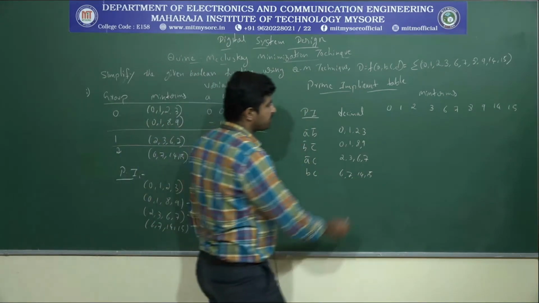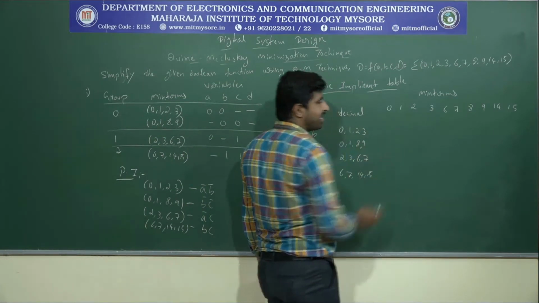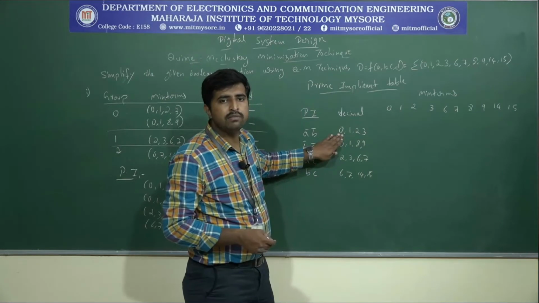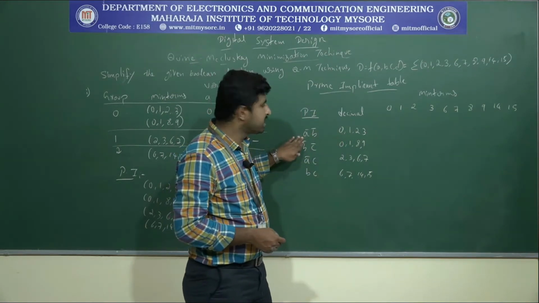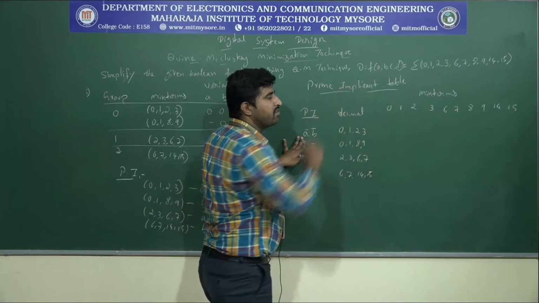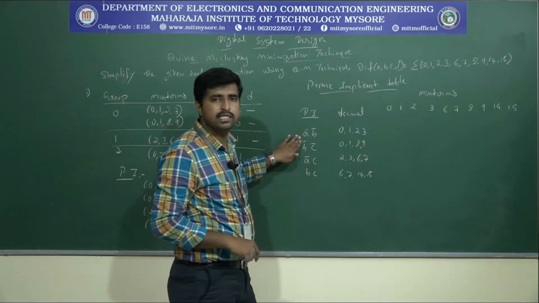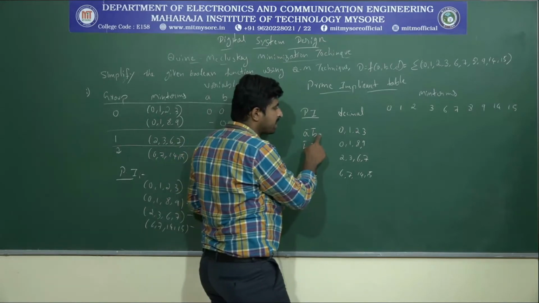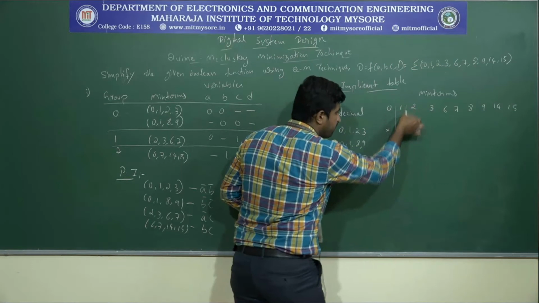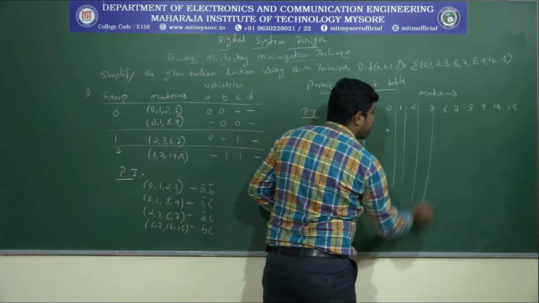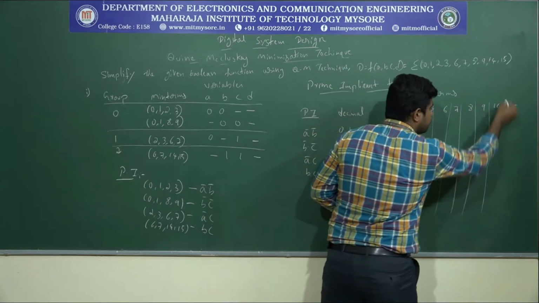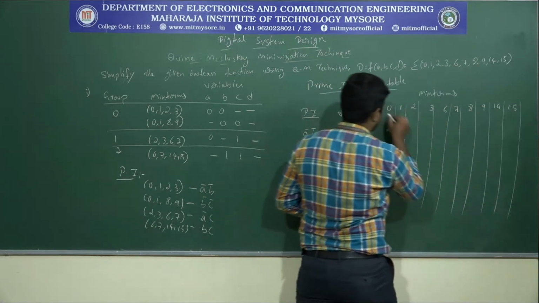Now we need to enter a star mark or some mark for which minterms are covered by each prime implicant. In the given minterms, which minterms are covered by this prime implicant? This prime implicant covers 0, 1, 2, 3. So 0 is covered. I will make a table so that it is easy to represent.